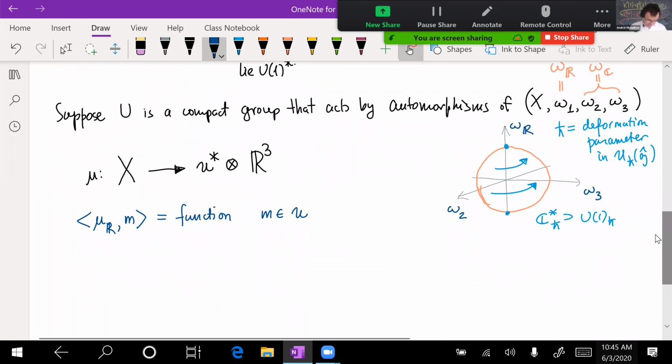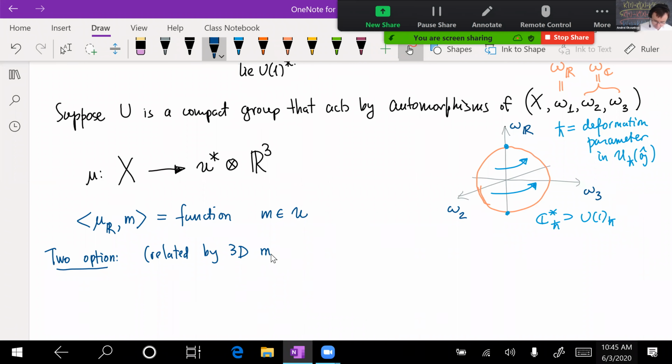Okay. And so then we have 2 options. Now 2 options, and we'll first explore option 1, and then explore option 2. And then in fact they're related by this 3D mirror symmetry.